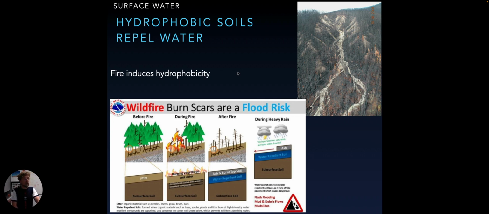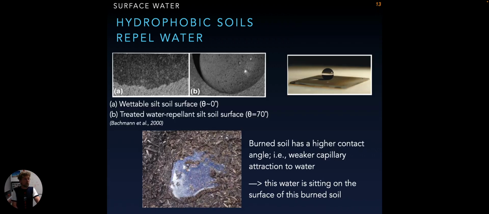And to end that lecture, I just wanted to show you those microscopic images of a soil surface, a silt soil surface that is hydrophilic, meaning that it likes water, so it will let the water go through it. So we have a wettable silt soil surface right here. You see the angle is close to 0.